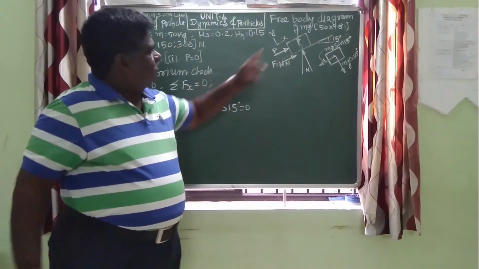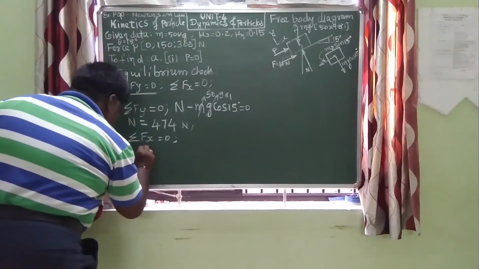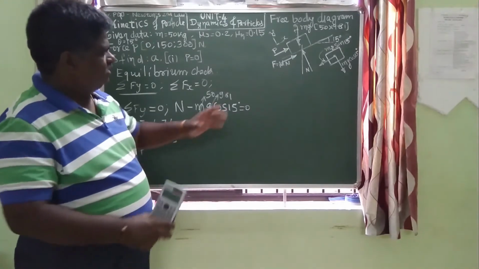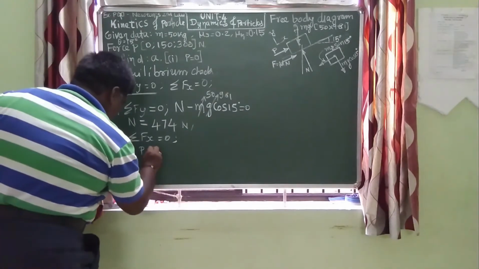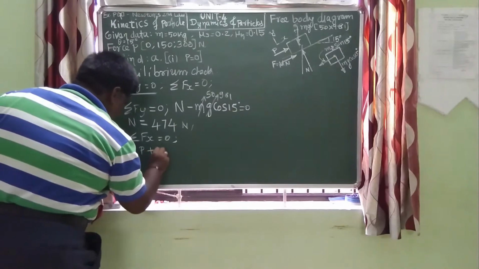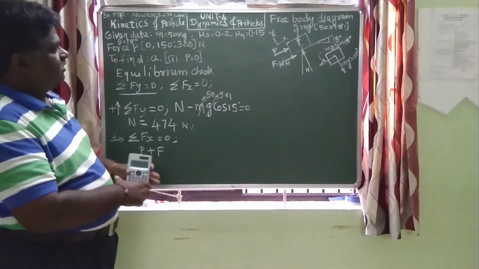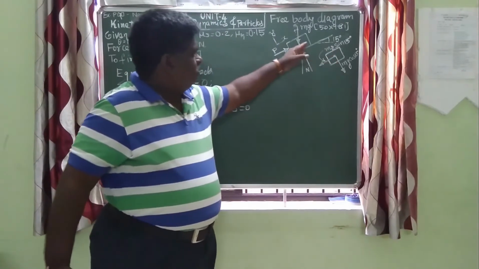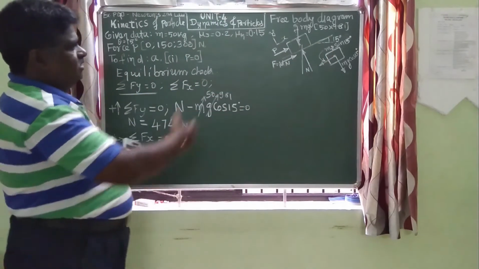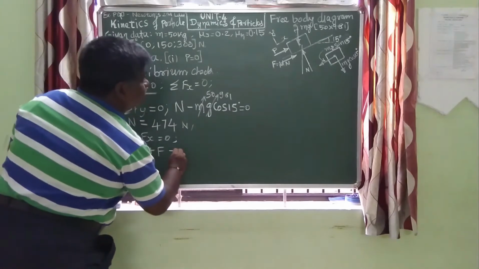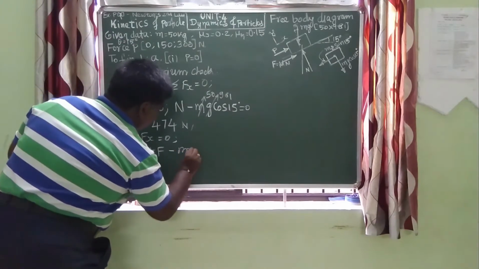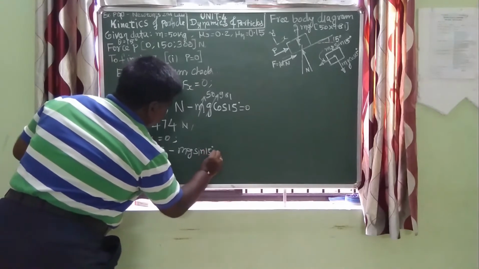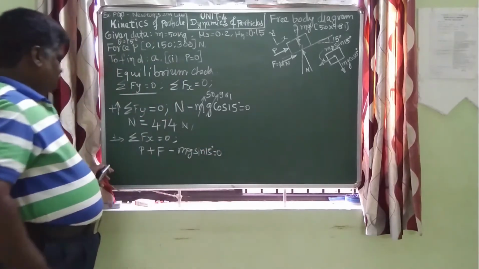Then the external force P, then the friction force F. Then in the x direction, due to the weight it will be in the downward direction, that is minus mg sin 15 degree equal to 0.